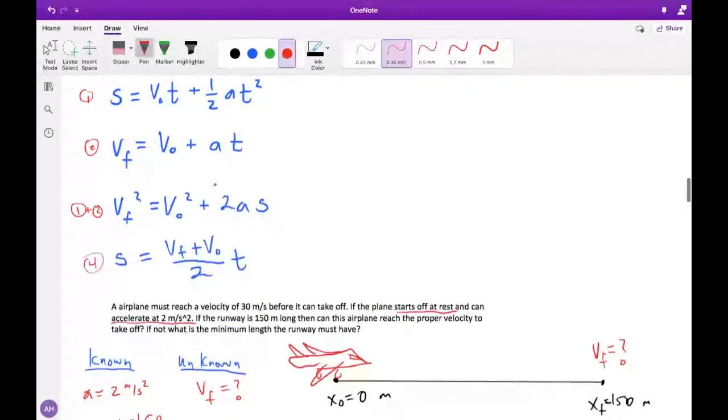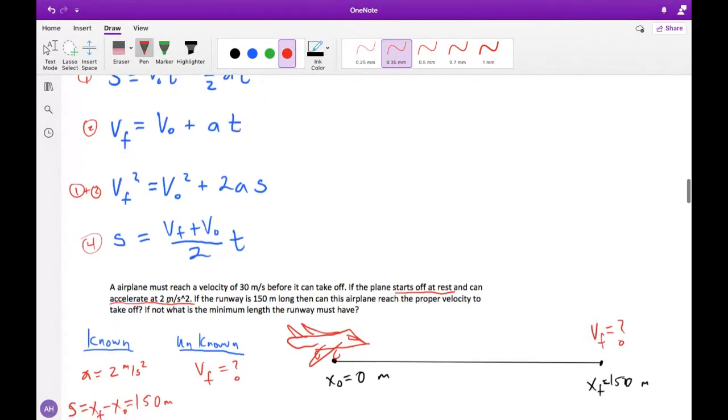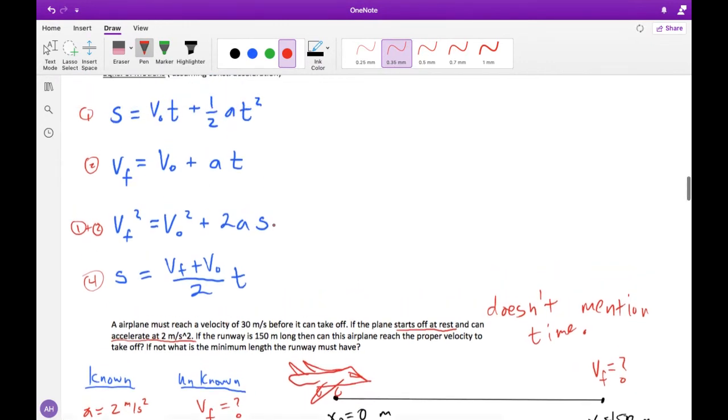In my opinion, the easiest way to see which equation we need is to notice that the problem doesn't mention time. We're not asked to find time, nor does it give us any kind of time interval. And if we look at these 4 equations, the only one that doesn't include time is this one.